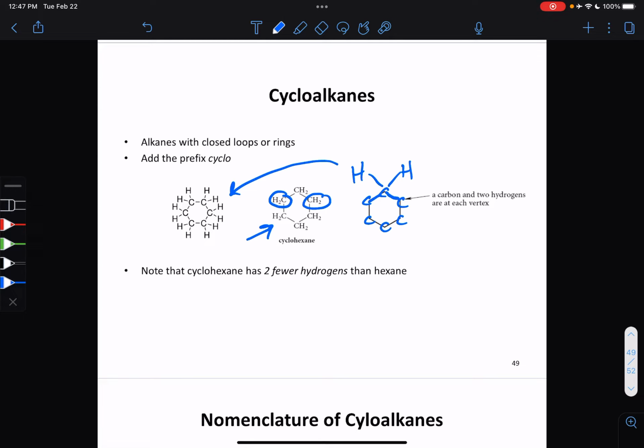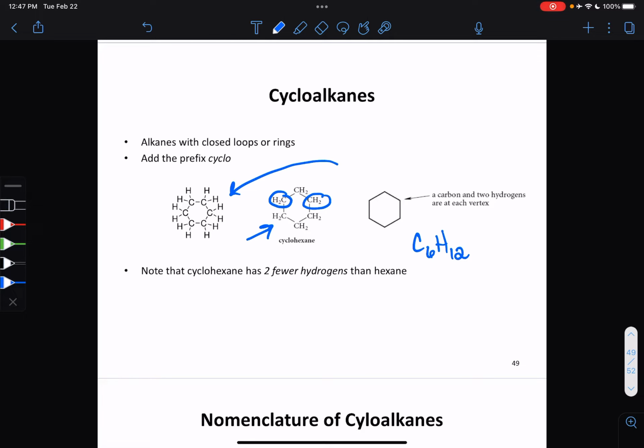The H2C for chemists is just pointing out that those hydrogens are pointing outside of the ring, not into the ring. But what we generally prefer to draw as chemists is just the line bond structure like that because it's so easy. So there we can see that we have a molecular formula of C6H12.